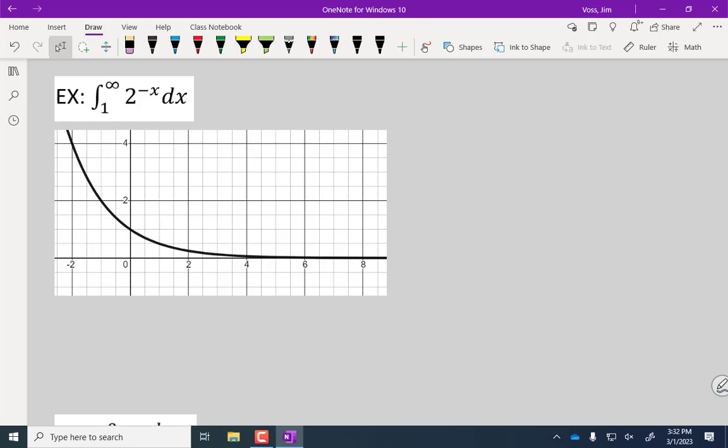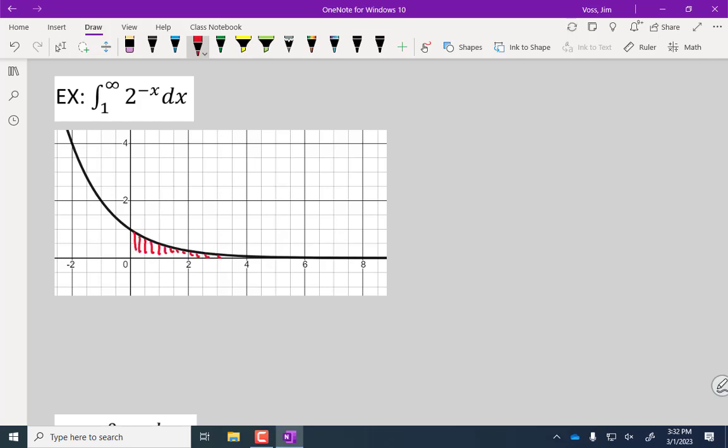And if we think about what we know with regard to exponential functions, we know that they decrease really fast or increase really fast. Now, when someone says something's growing exponentially or decaying exponentially, generally we're thinking of it going fast. So intuitively, we're probably suspecting that this is going to be a finite area down here.